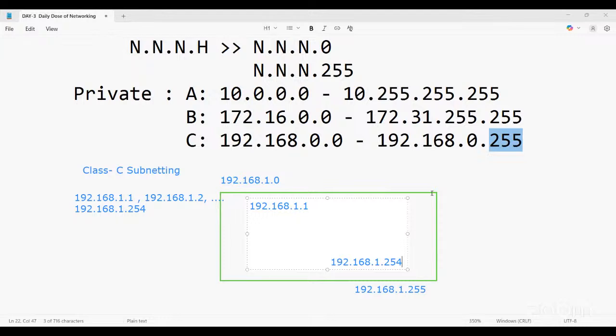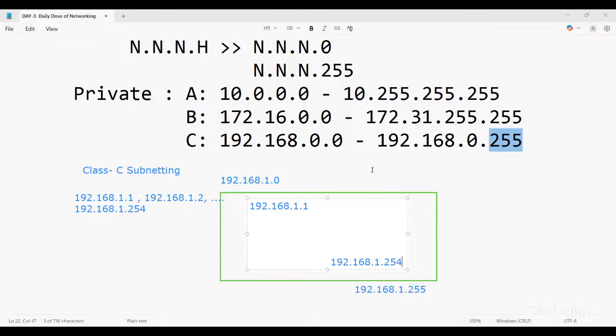In this room, 254 people are sitting right now. One person is standing out of the room, called the network address. One person is at the other end of the room, called the broadcast address. In total we have 256, but within this room only 254 are workable IPs.